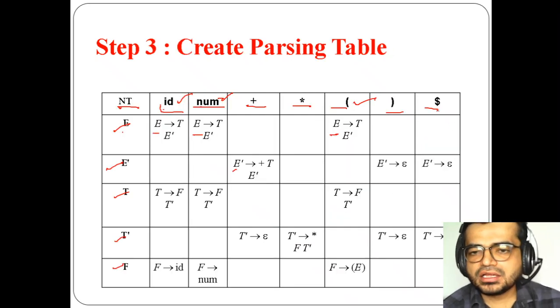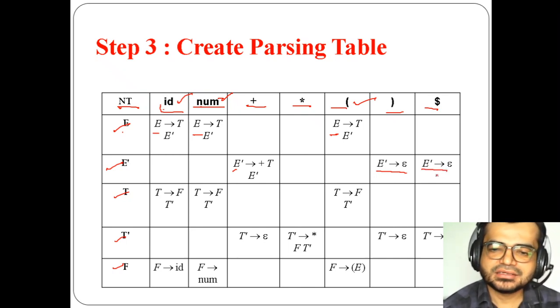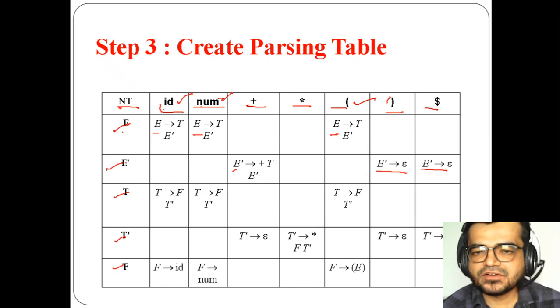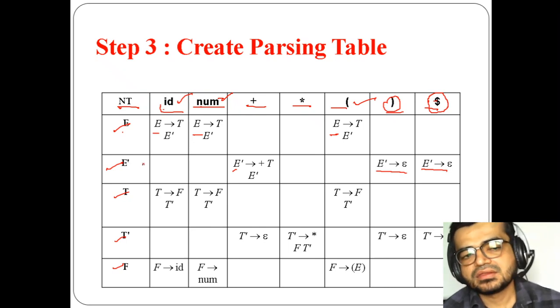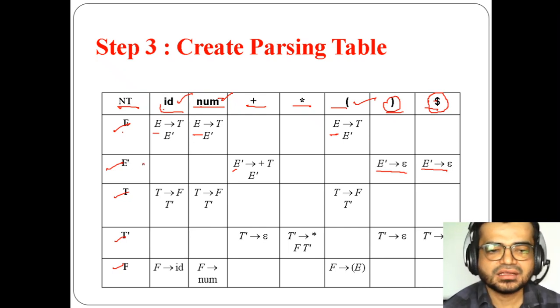So now this is closing bracket and dollar. Nullable means E dash of epsilon. Why? Because these are for follow, and this E dash is nullable. That's why we have to take it in this case.